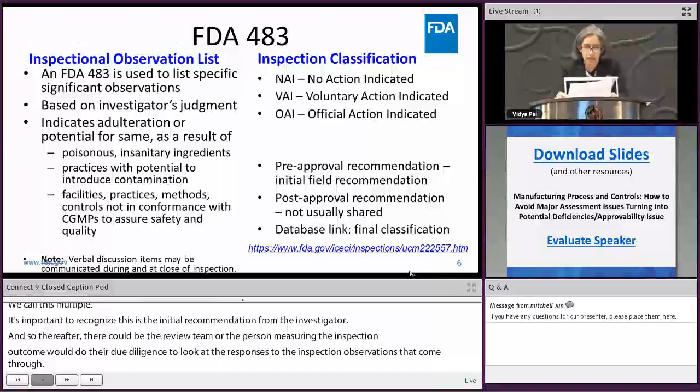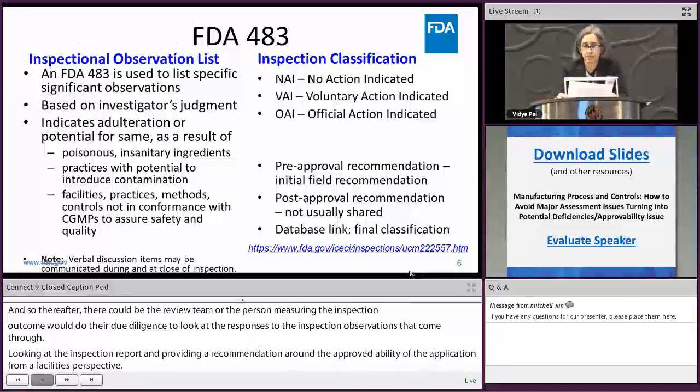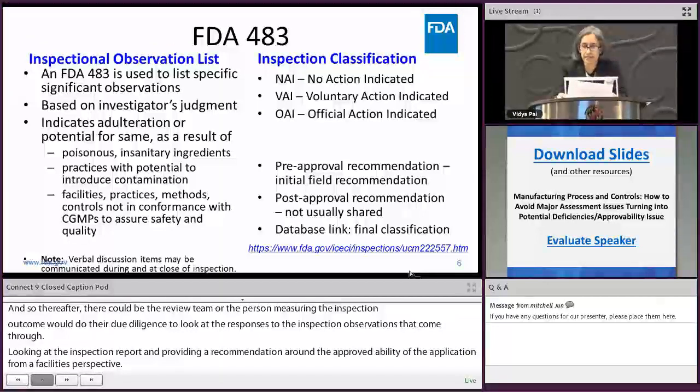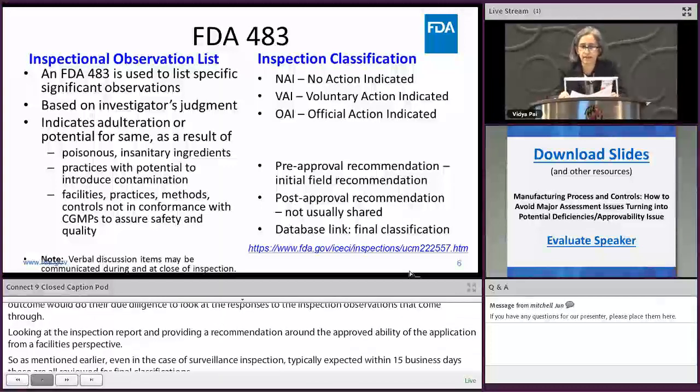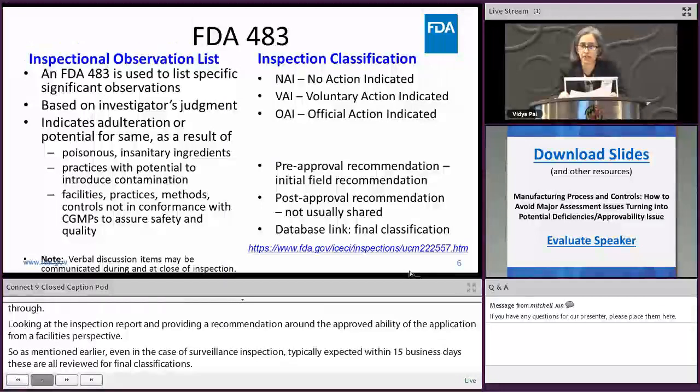As I mentioned earlier, even in the case of surveillance inspections, the firm's responses to observations typically are expected within 15 business days, and these are all reviewed along with the inspection report to determine a final classification. I'm providing a link here at the bottom, in blue, which is a database link to final classifications for surveillance inspections that you may be able to access for sites within your application.